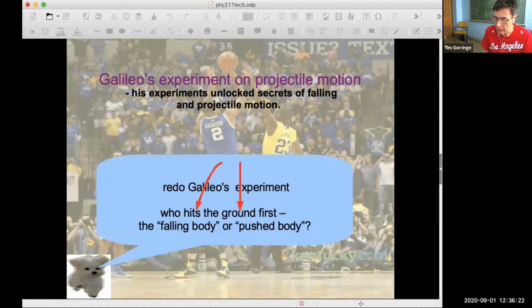And the other one is pushed from the platform, the one on the left. So one of them, the one that's just dropped from the platform, just falls straight down. That's a falling body. The other one, which was pushed, moves through two dimensions, both right to left and downwards. And so that's projectile motion. And so we can compare what I call the falling body with the push body. We're comparing projectile motion with ordinary falling motion.